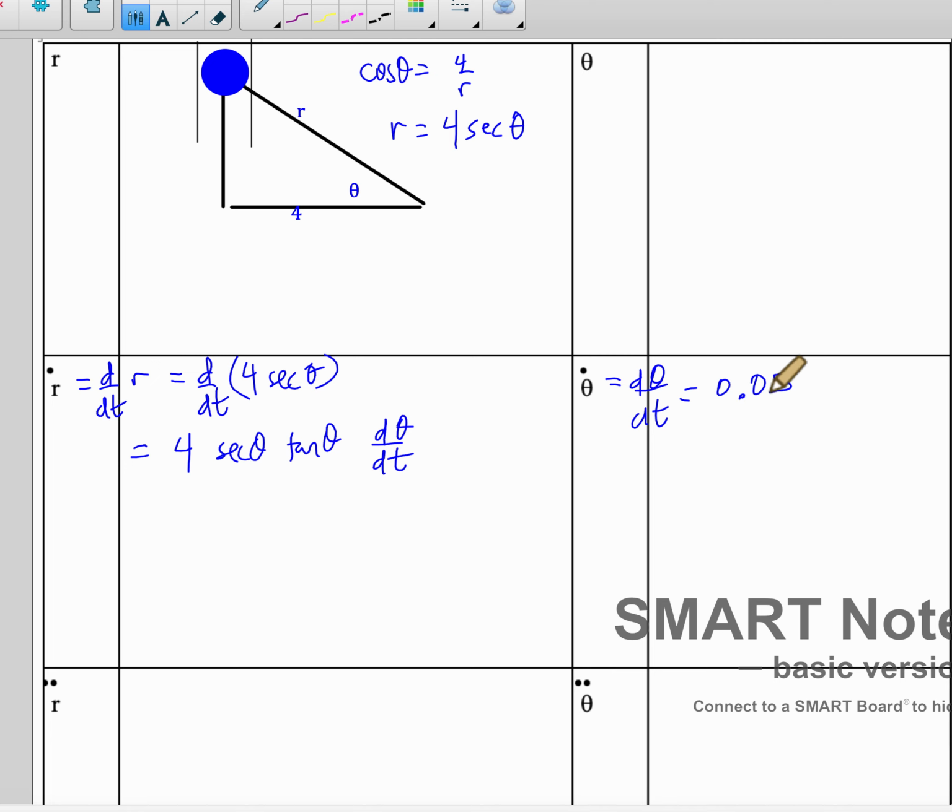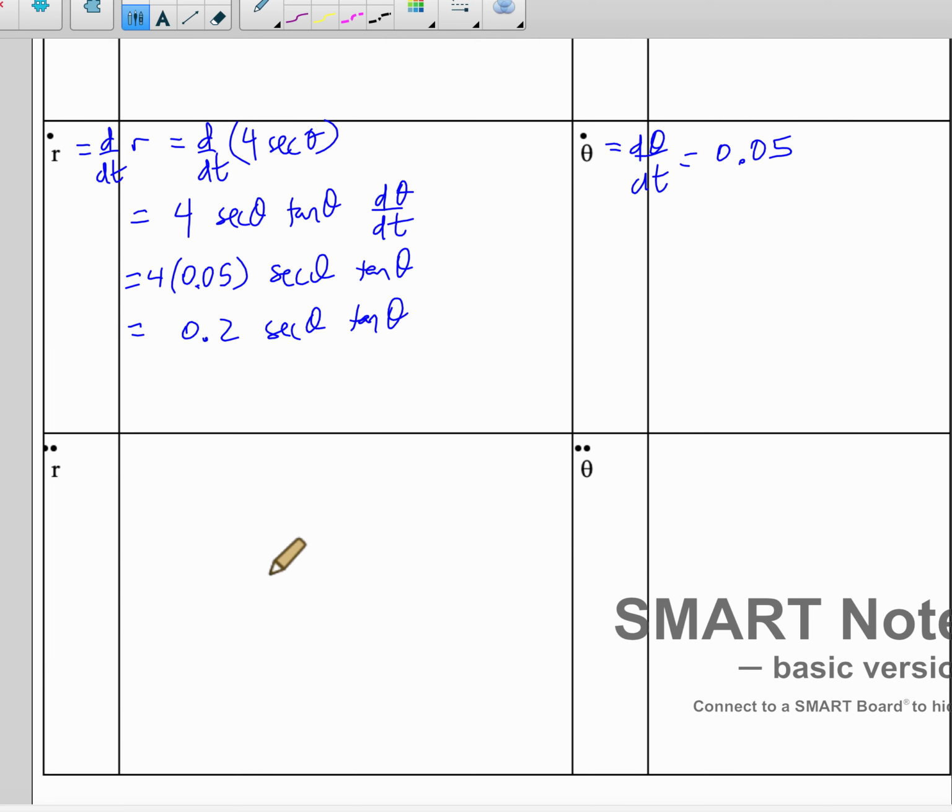So to make our life easier, I'm just going to put in 0.05, since it is a constant, never changing. That's 0.2 secant theta tan theta. And a little later, we'll come back and put 30 degrees in there and see what we get for r dot. For the second derivative of theta, that'll just be 0.